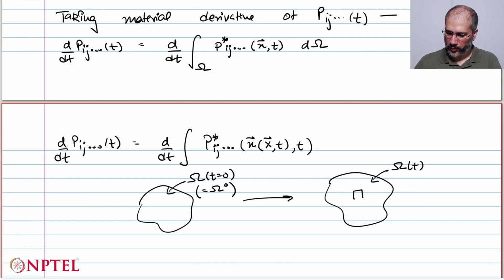So an infinitesimal volume in the current configuration is denoted by d omega, and an infinitesimal volume in the reference configuration is given as d omega naught. So I'll write my d omega in terms of d omega naught, and I showed in the previous lecture that d omega is written as the Jacobian times d omega naught. And now that things are written in the reference configuration, the integral happens over omega naught.